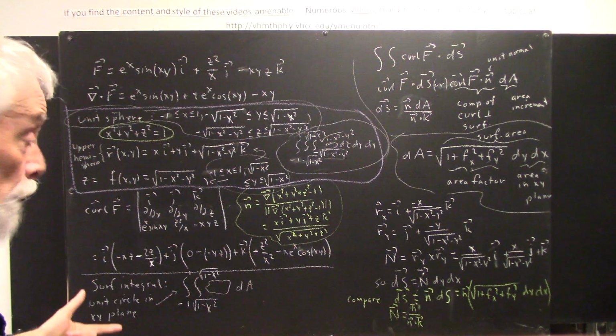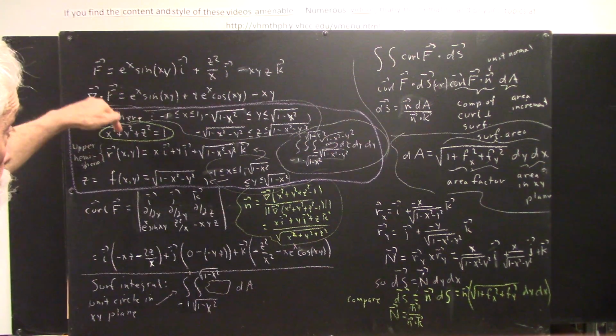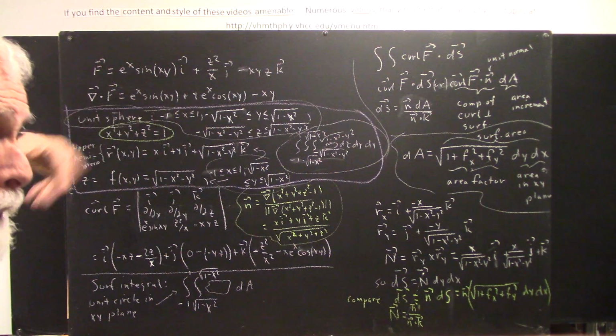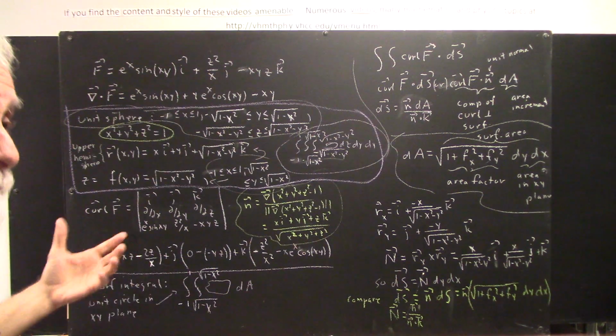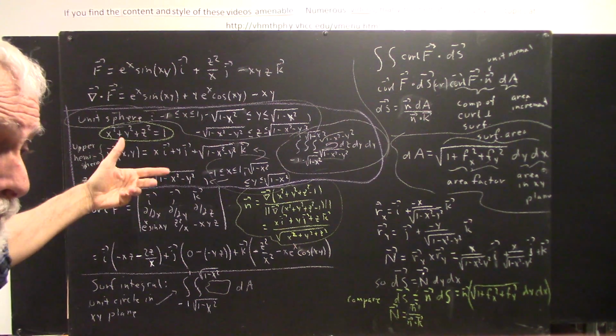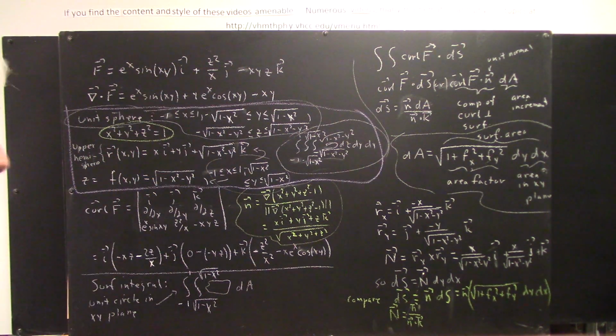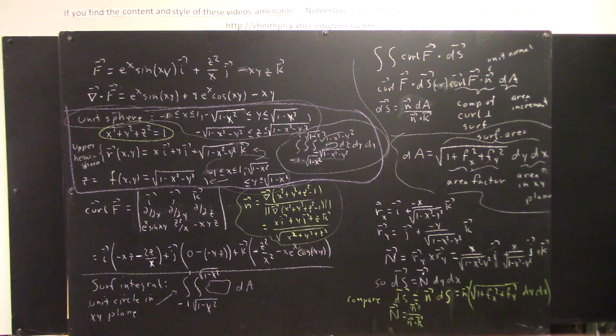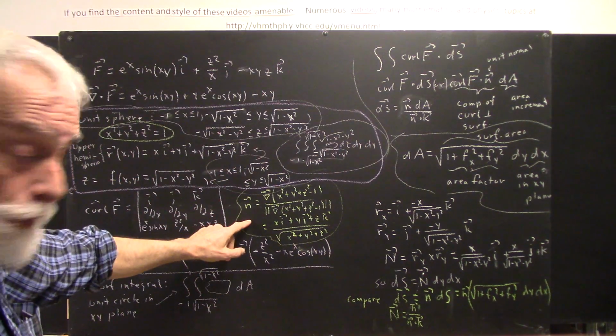This is a level surface for the function x squared plus y squared plus z squared. So if we want to find a normal at any point, we can take the gradient of x squared plus y squared plus z squared and get an equation for a normal vector. That's one thing we can certainly do, and we actually do that here.